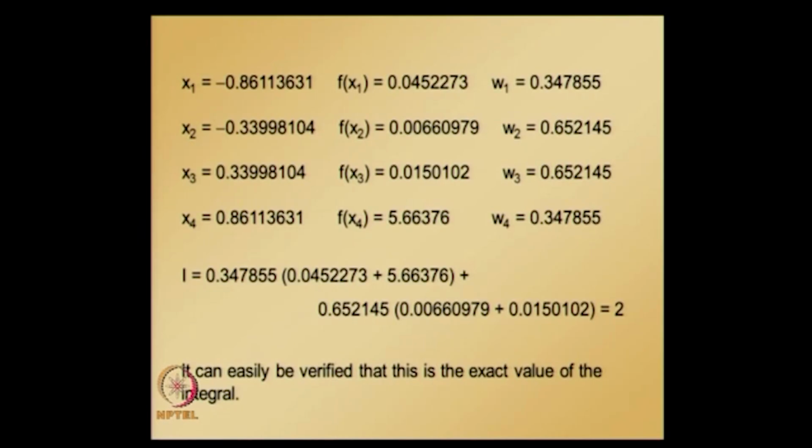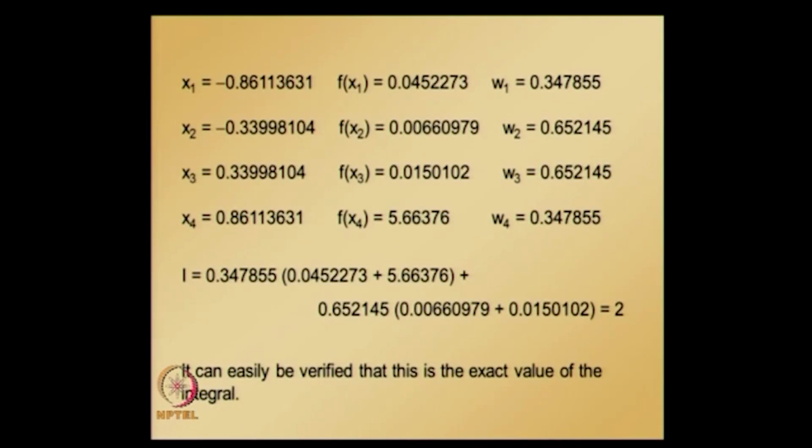So, we can use numerical integration, using the number of Gauss points depending on the order of the integrand, keeping in mind that n point Gauss quadrature integrates a polynomial of degree 2n minus 1 exactly.